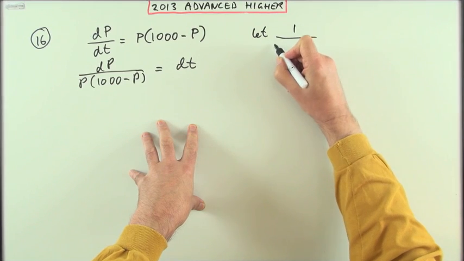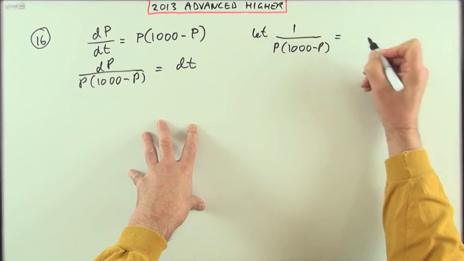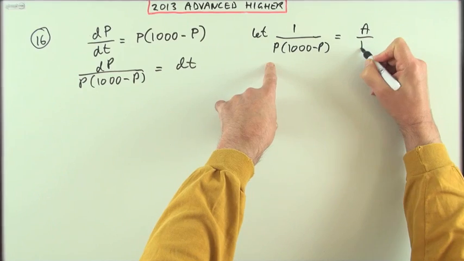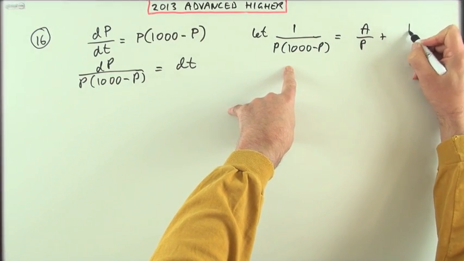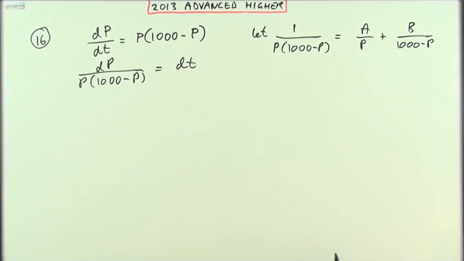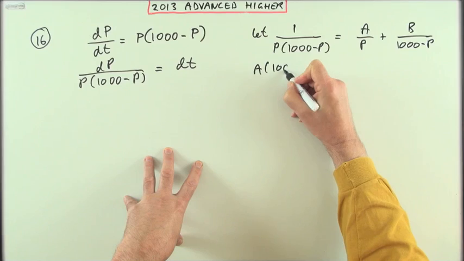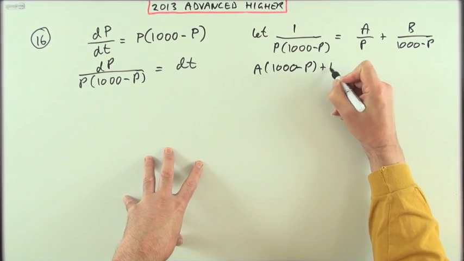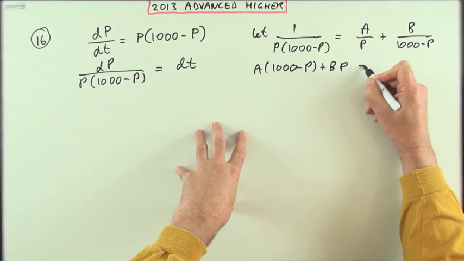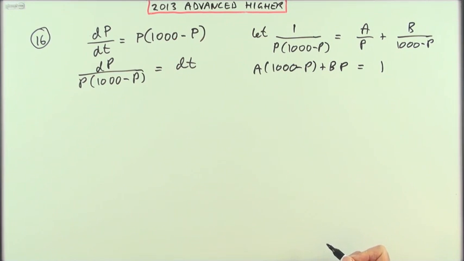So let 1 over p times 1000 minus p equal a over that part and b over the other linear denominator. In which case, a times 1000 minus p plus b times p should equal 1, just multiplying through by the denominator there.